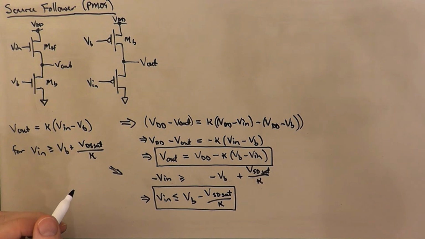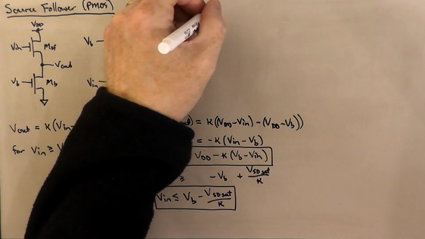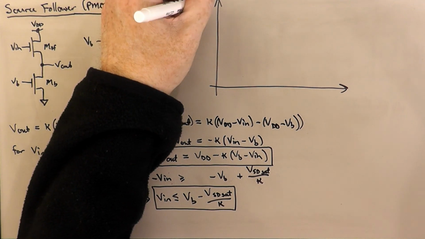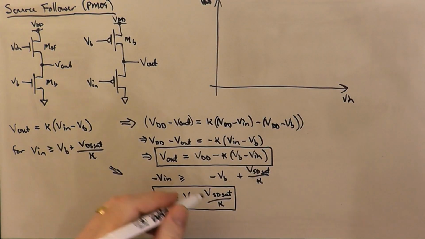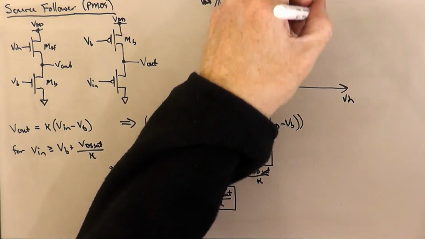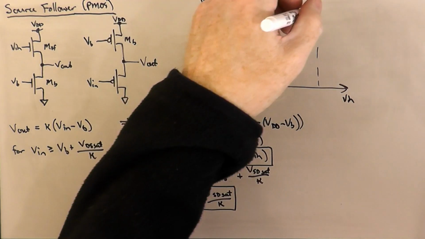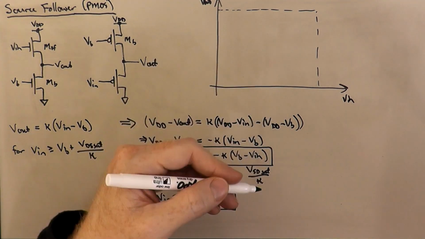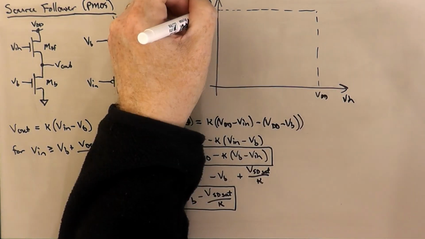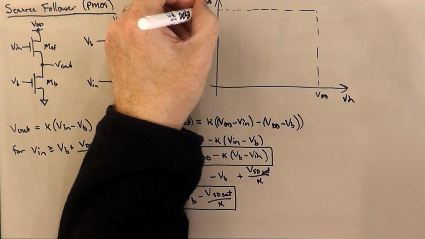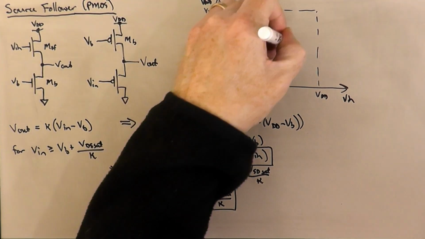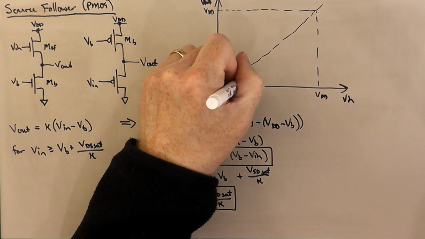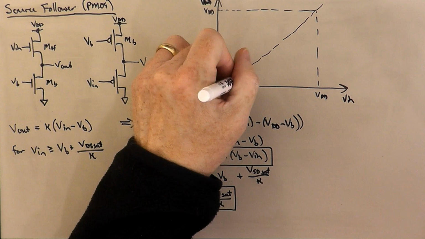To sketch the voltage transfer curve, we can obviously sketch it from the equation, but recognizing that stuff that we said was true up from ground becomes true down from VDD, we can also just flip our NMOS source follower characteristic, which looked something like this.